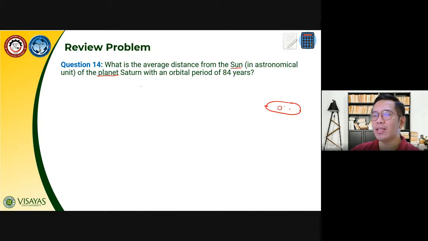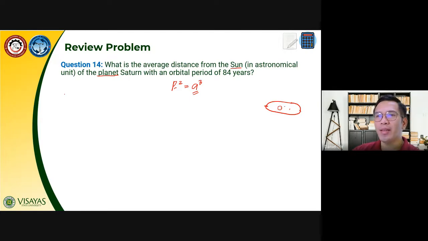That average distance can also be equated to the semi-major axis, A, which is stated in Kepler's third law: the square of your orbital period is equal to the cube of your semi-major axis, or in our case, your average distance from the Sun.